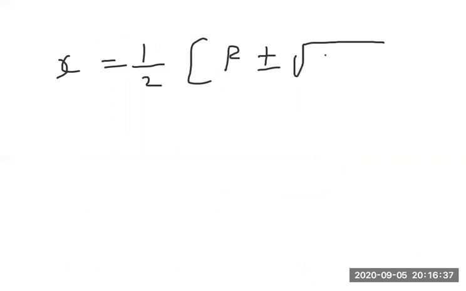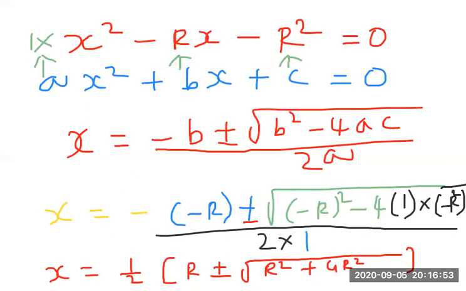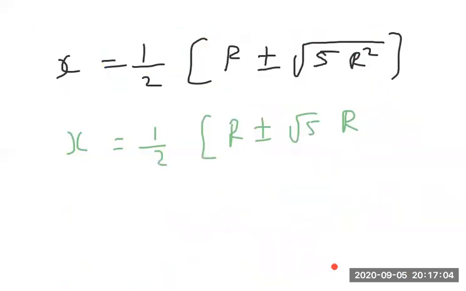Nothing better. x equal to 1 by 2 into r plus or minus square root of 5r square, or simply x is equal to 1 by 2 r plus or minus root 5 r. How did you get this one, sir? You observe carefully here: 4r square plus r square, that is 5r square. This is 5r square I kept here. So root over 5 into r. This is the formula I got.